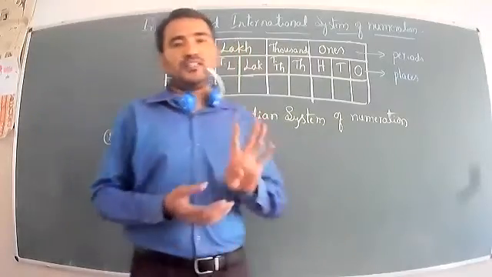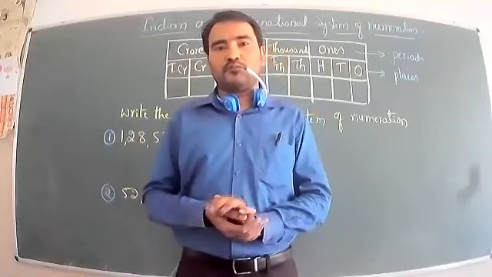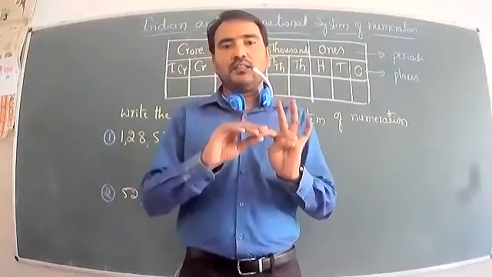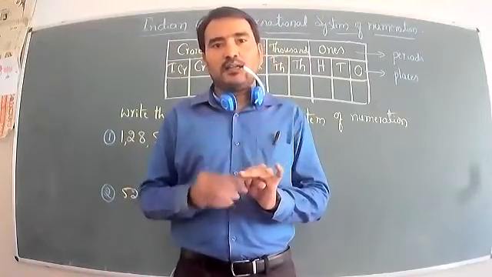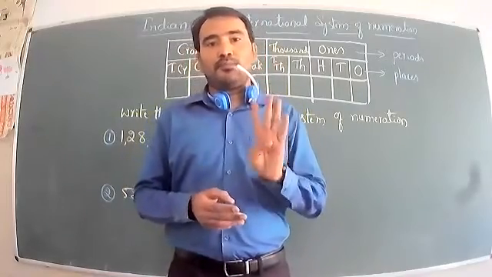In the Indian system of numeration, totally four periods are there: first ones, then thousands, then lakh, and finally crore.